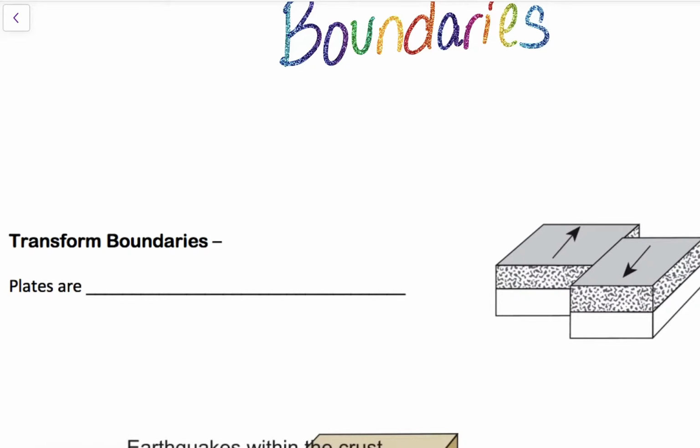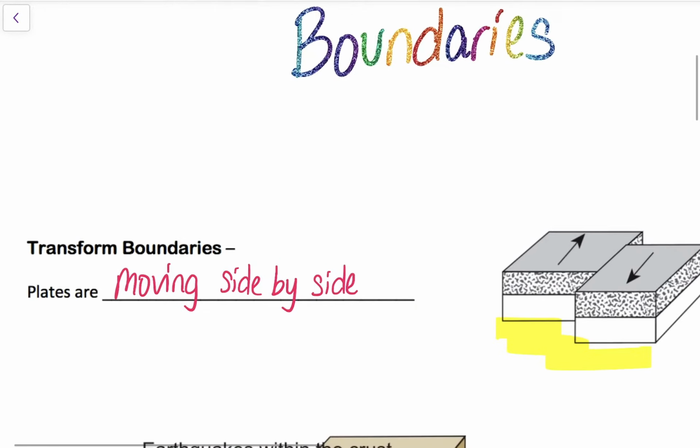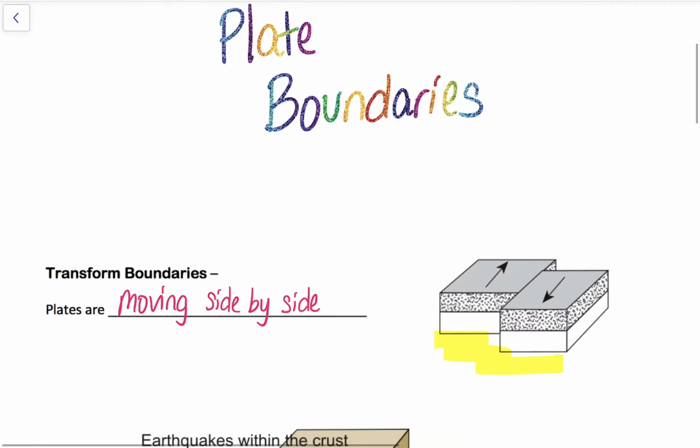Here, if you look at this picture on the side, the two plates aren't moving away or toward each other. The two plates are moving side by side. You could say that they are sliding past each other.